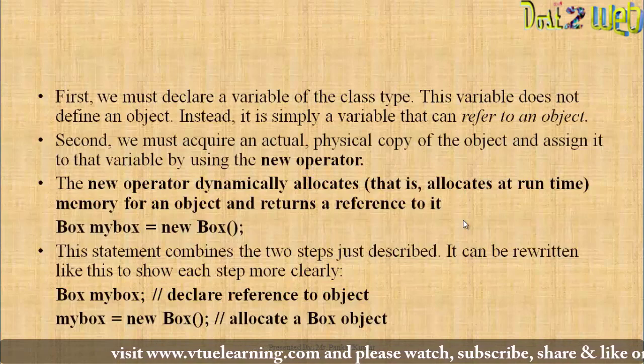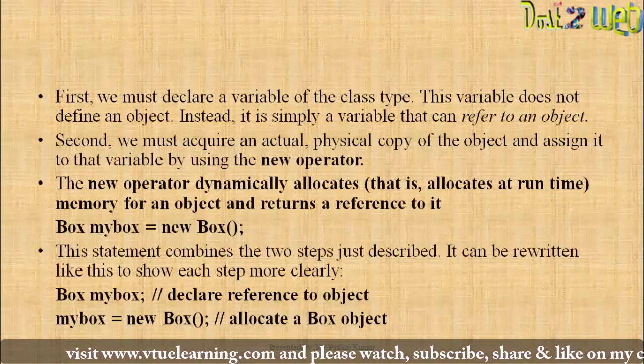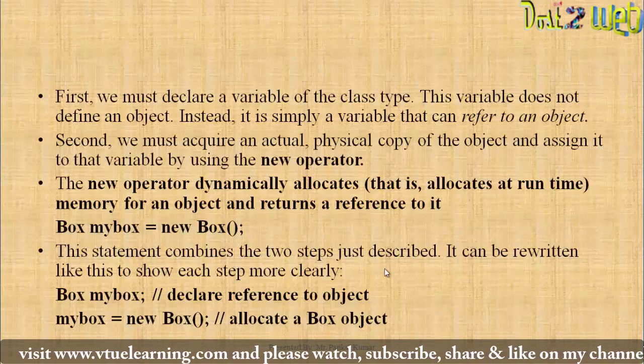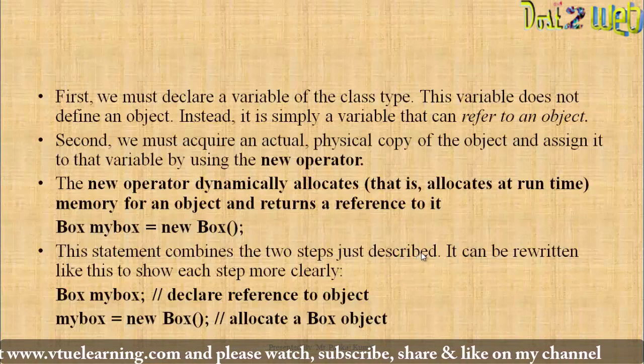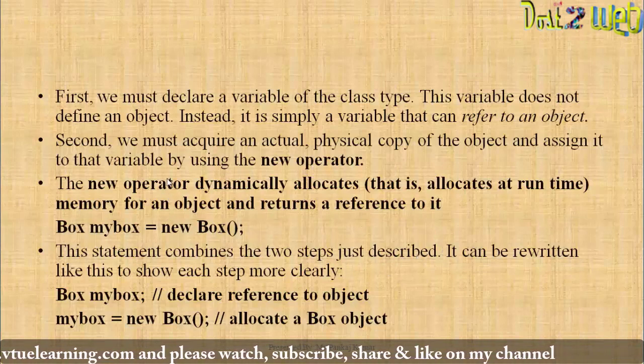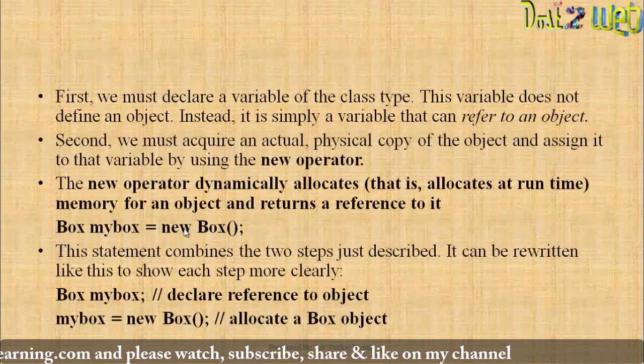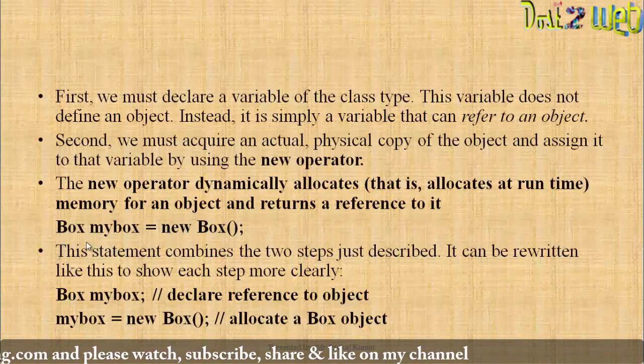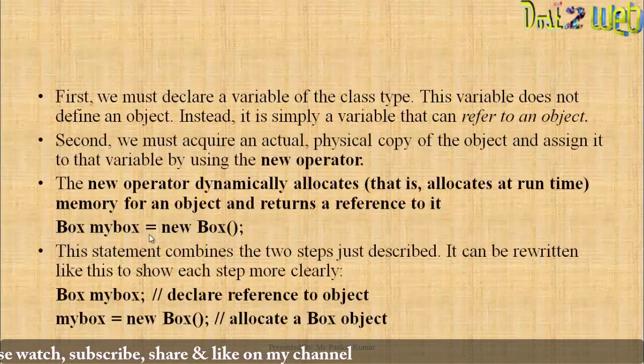Okay, so this statement combines two steps. How are you going to rewrite it, as I explained in yesterday's class, that you can do the same syntax in two lines? How can you do that?